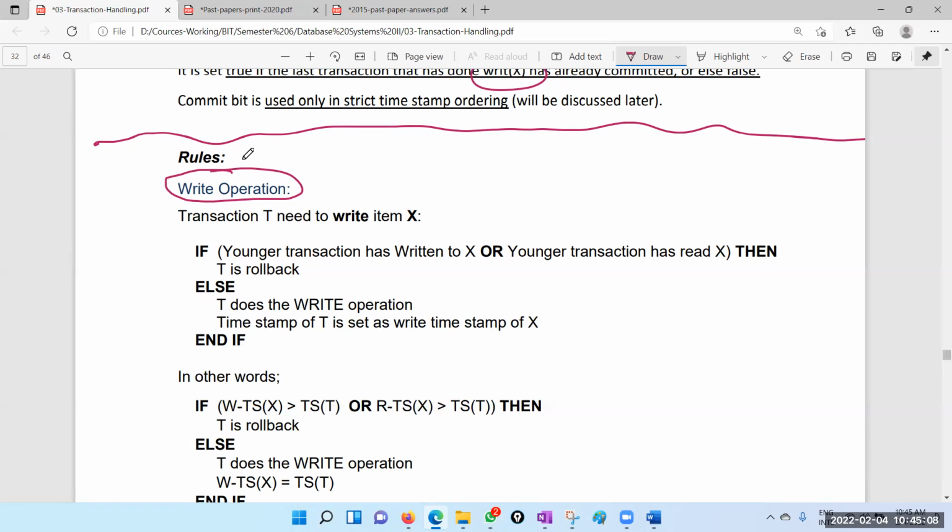So here, when you want to do the write operation, you have to check whether a younger transaction has written or a younger transaction has read X. It's just like checking whether someone has taken the write lock or read lock.